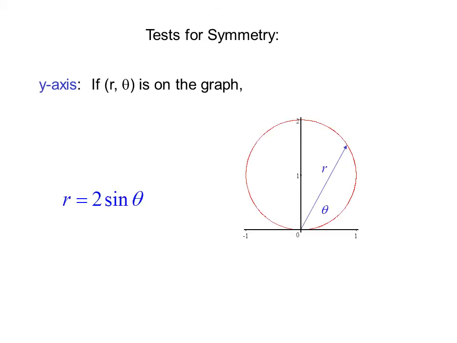Y-axis symmetry occurs when, if (r, theta) is on the graph, so is (r, pi minus theta), as in this graph of r equals 2 sine theta. Or (negative r, negative theta).